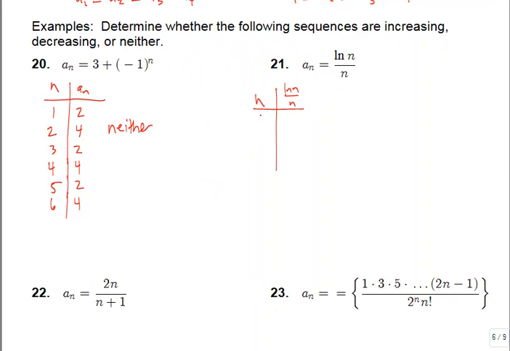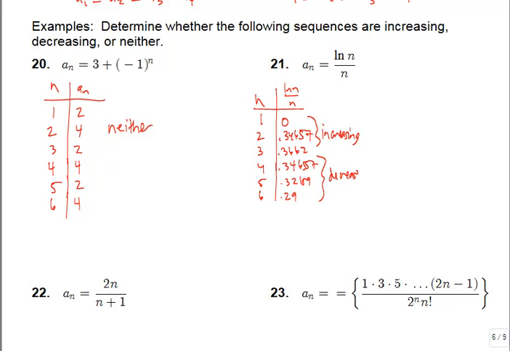So in my chart at 1, this was 0, at 2, 0.34657, at 3, 0.3662. So these are increasing initially. But then after 3, all the terms start to go down again. So we're back to 0.346557, and then 5 is 0.32189, and so forth. Okay? So then after, we decrease.